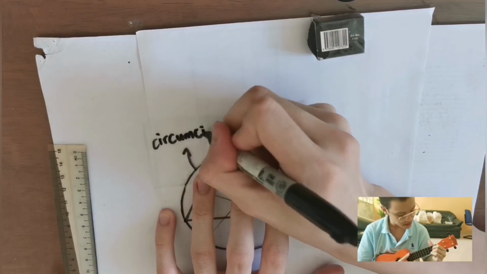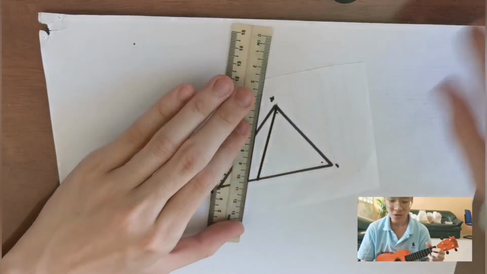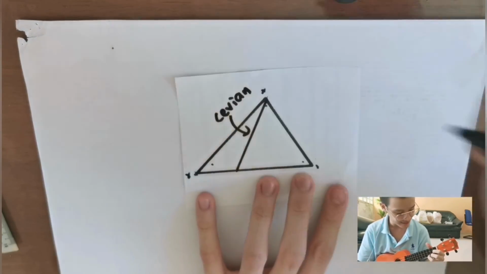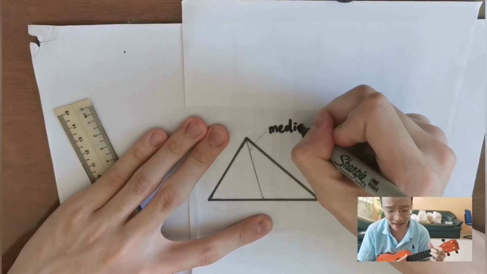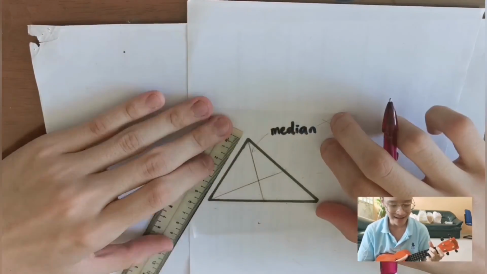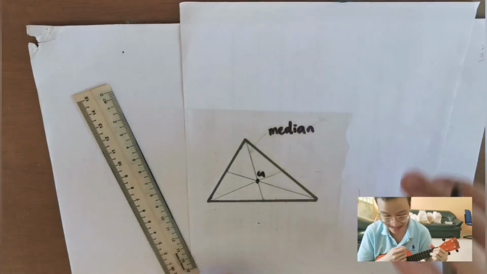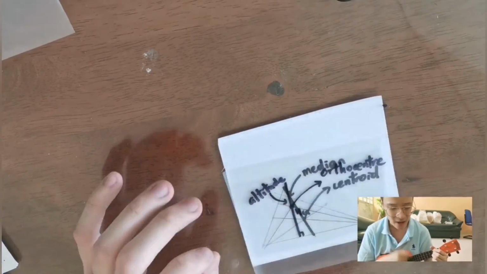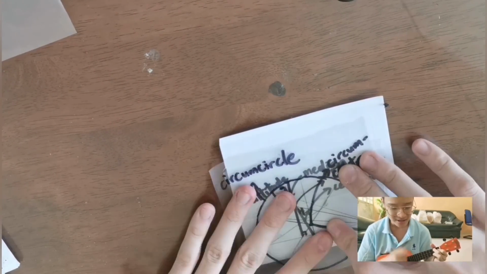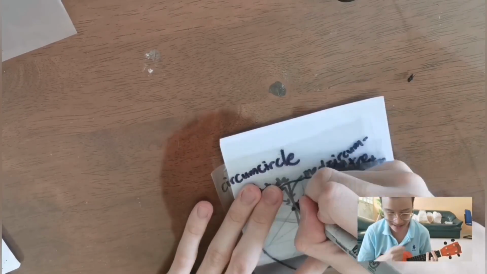The circle will touch all 3 points. Here are the parts that less overlapping: circumcenter, centroid, and the orthocenter. These are the 3 points that are collinear. Join these 3 points.